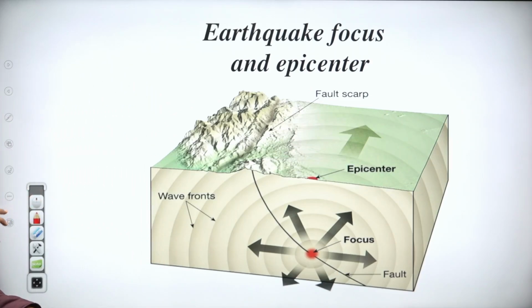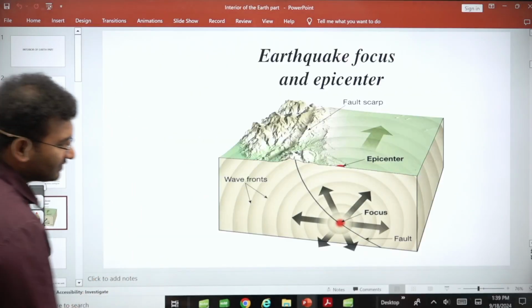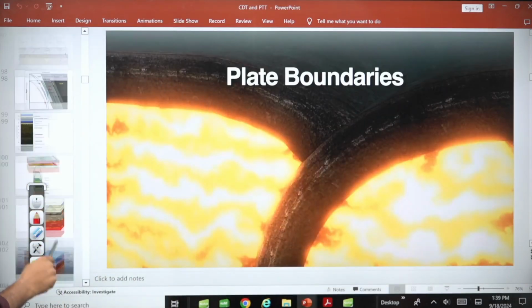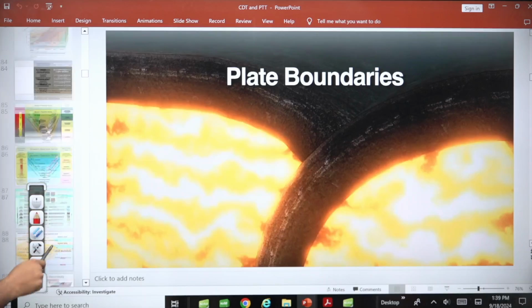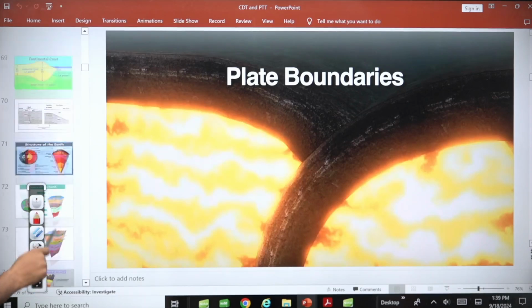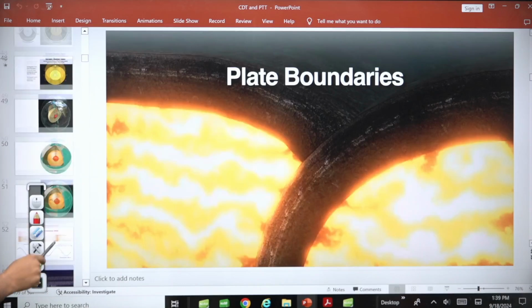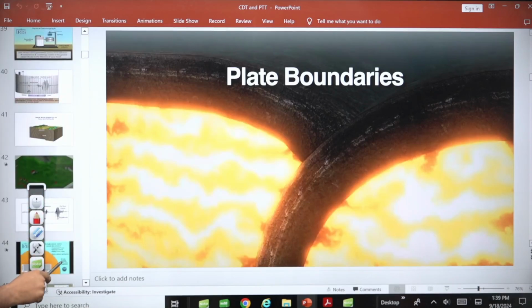Now I want to show you a small video which will help you understand the topic in a little more detail. I think now you are a little clear with the concept of the earthquake. See here, let me show you.